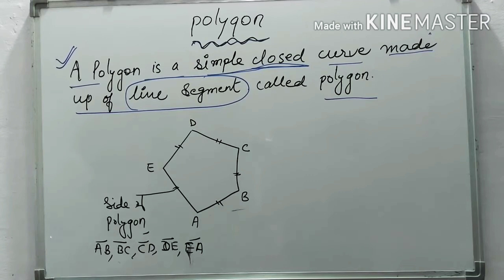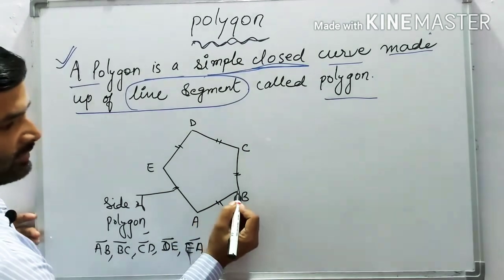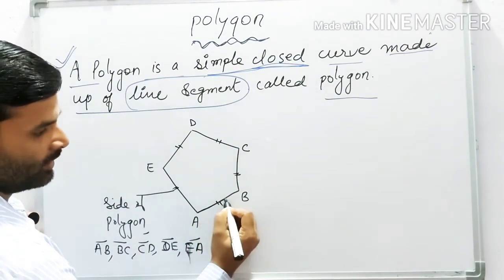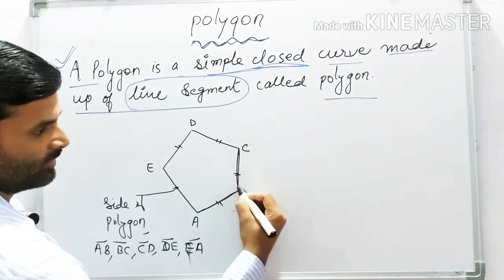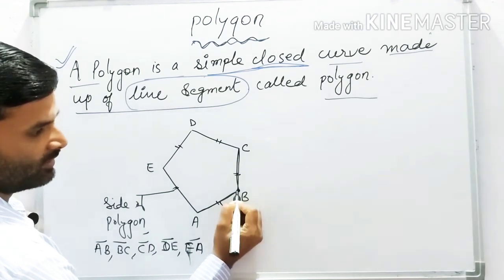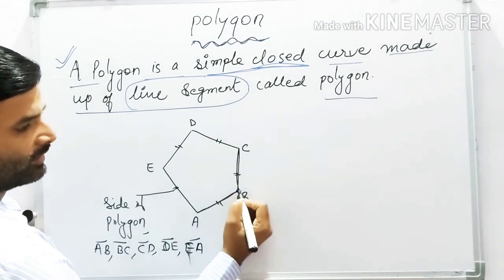Second, any two sides with a common end point are called adjacent sides. Adjacent sides means, for example, AB and BC have the point B as a common end point.